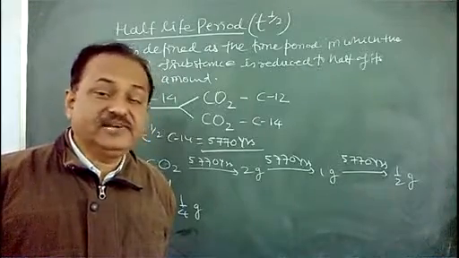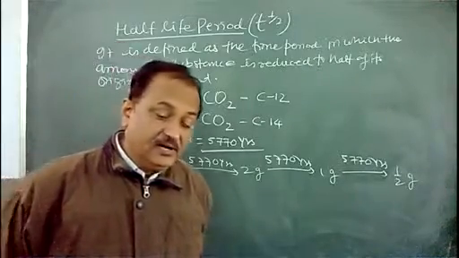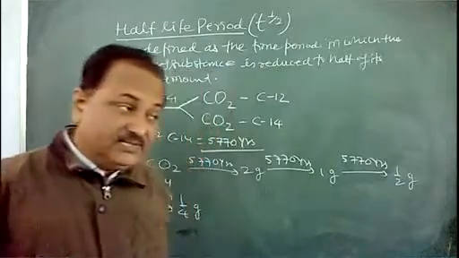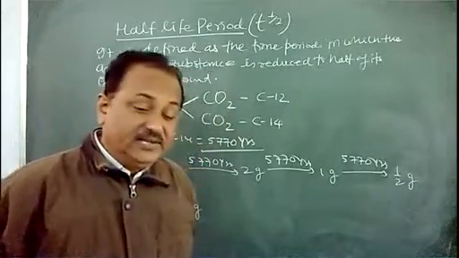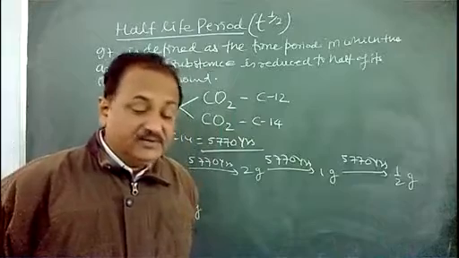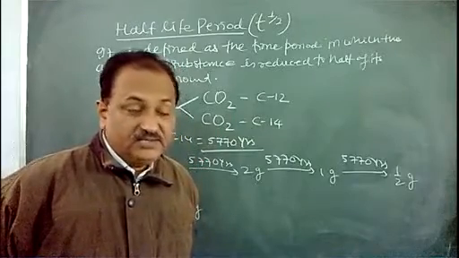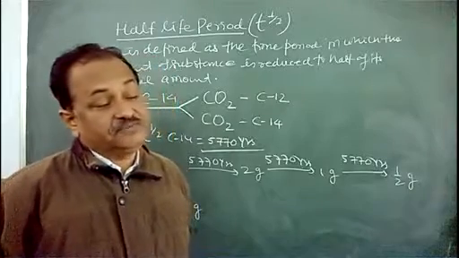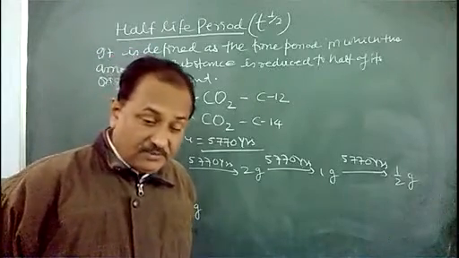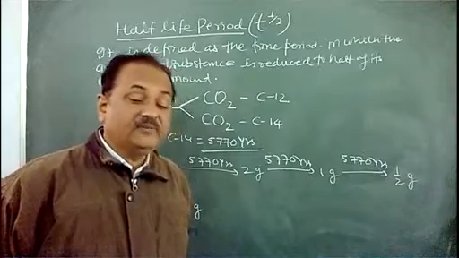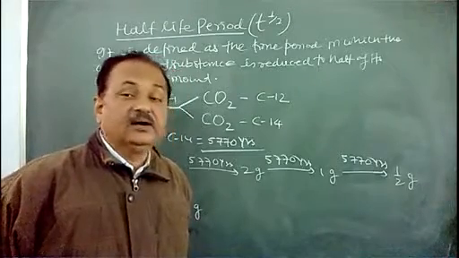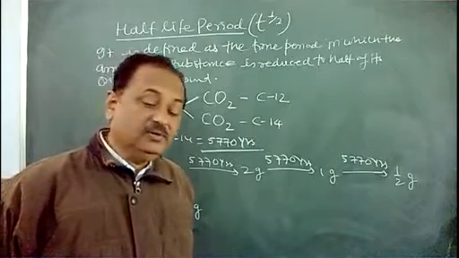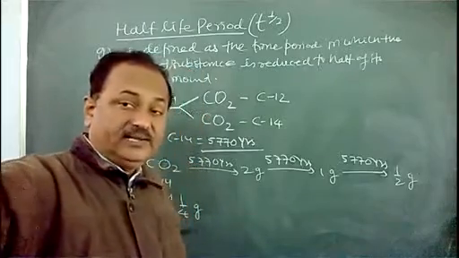And from this reference we can find out the age of any monument having any painting or any wood piece or any fossil or any animal body which is found in the form of a mummy or an impression or a fossil. So this is a very important part you have to keep in mind.